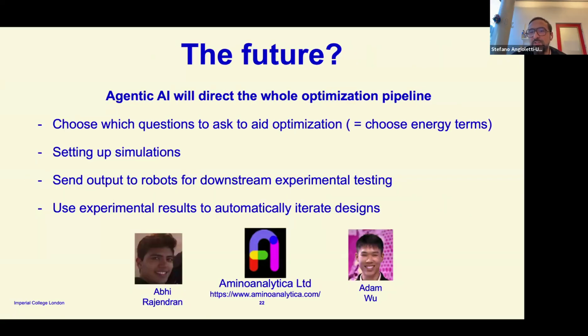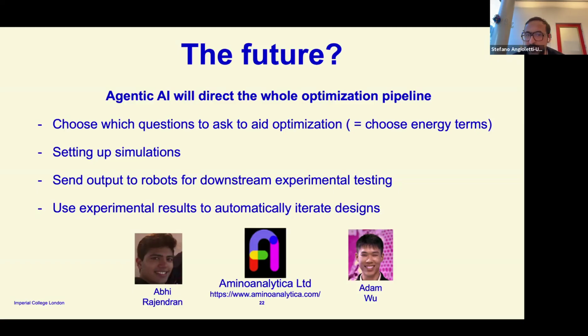In the future, the whole optimization pipeline in protein design will be directed by AI using agentic AI. In practice, this means that AI will be able to choose which question to ask to aid optimization, which truly means AI will be able to choose the right energy term to optimize a protein so that it has exactly a certain function.